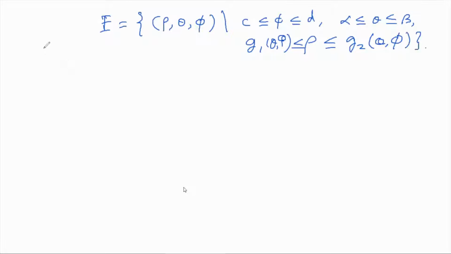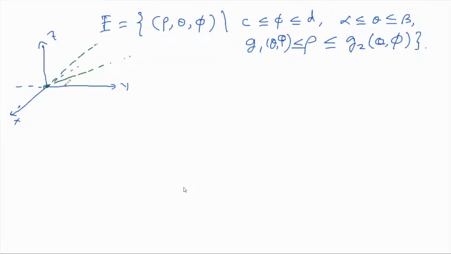So in other words, if you draw these, rho and phi and theta are between two numbers, right? So phi, if you draw phi, would be two numbers. So maybe one is like this, and another is like this.